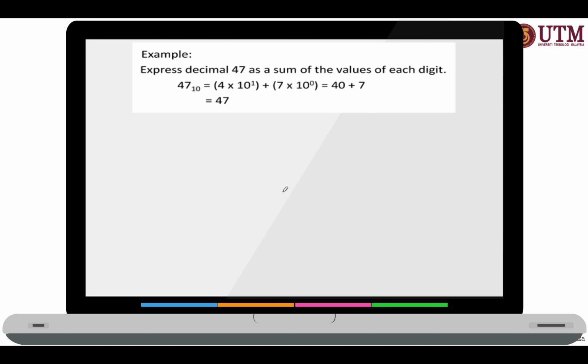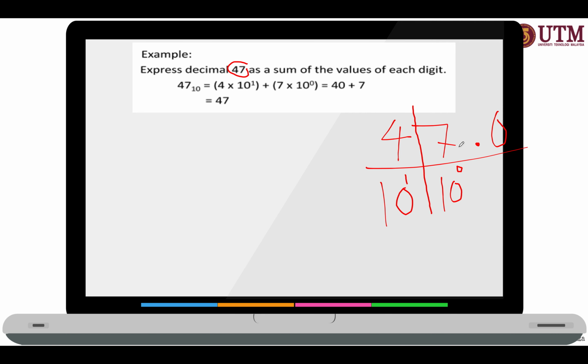So how about the example if we express the decimal 47? How do we get the 47 value? We have 47 over here, and this one is 10 to the power of 0, and then 10 to the power of 1. What happens here is you need to multiply.